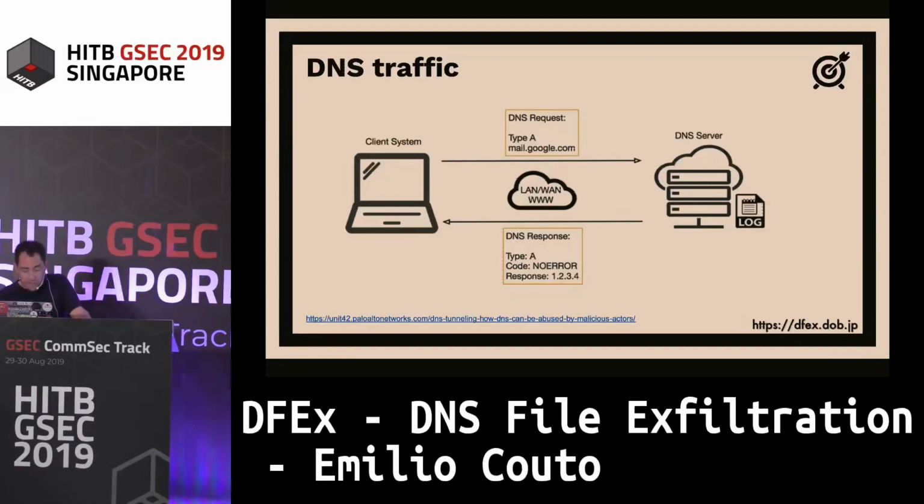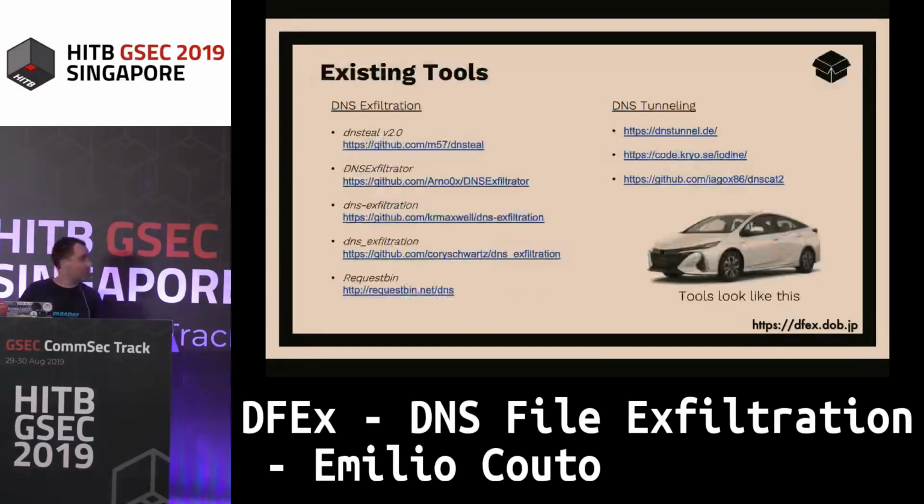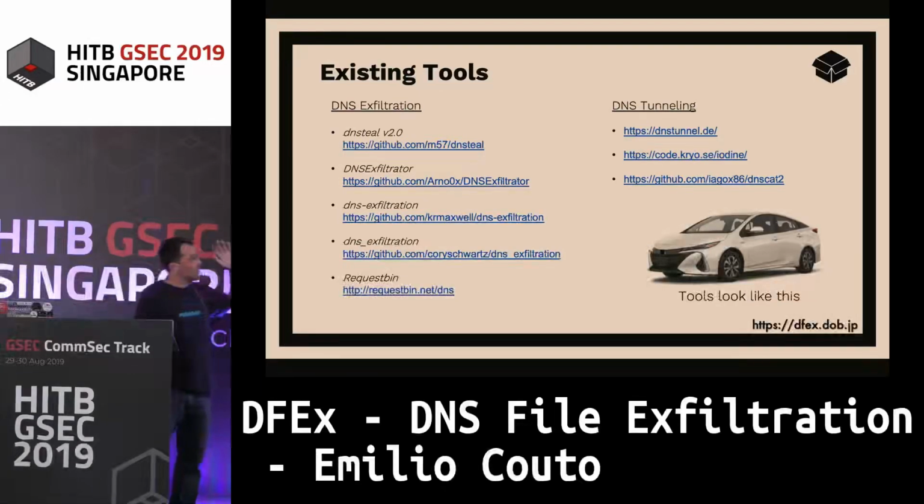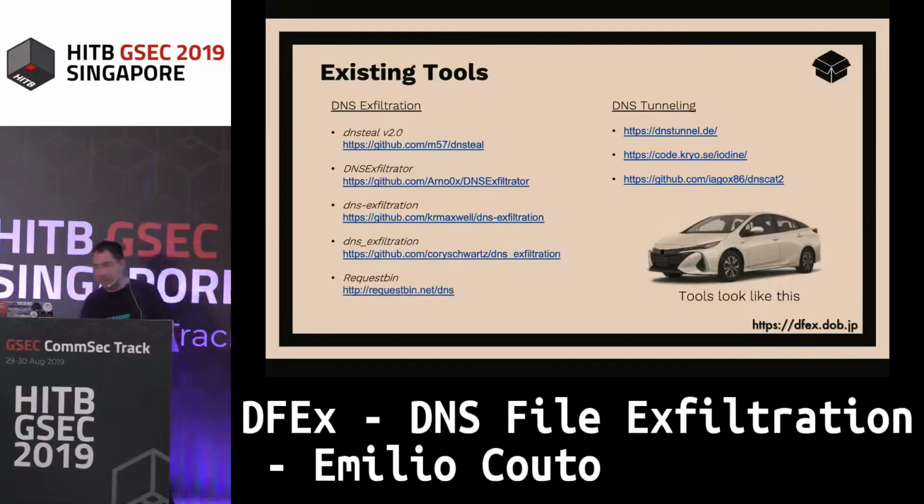So what do we have in the market? Today, when you try to exfiltrate files or data through networks, there are many tools available. I will categorize them in two different groups. One is data exfiltration, and the other is tunneling, which is normally to bypass firewalls.